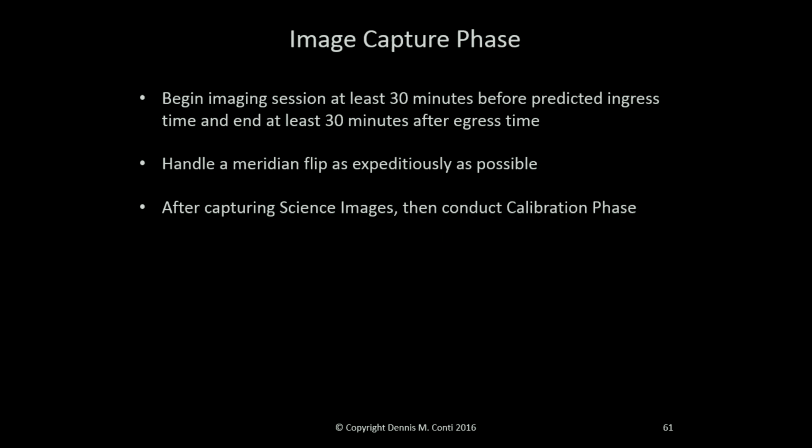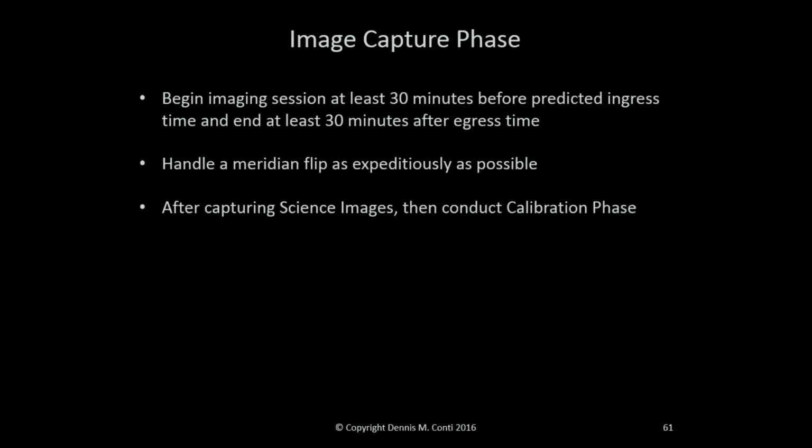This is so that an adequate out-of-transit baseline can be obtained in order to more accurately model the in-transit drop in light. Now, this could mean, of course, that the total observation session could be several hours in length.